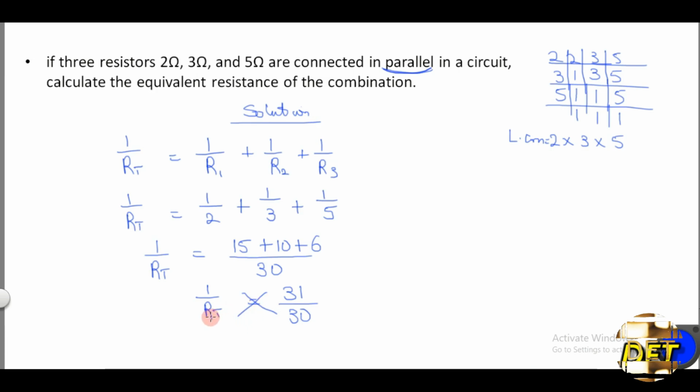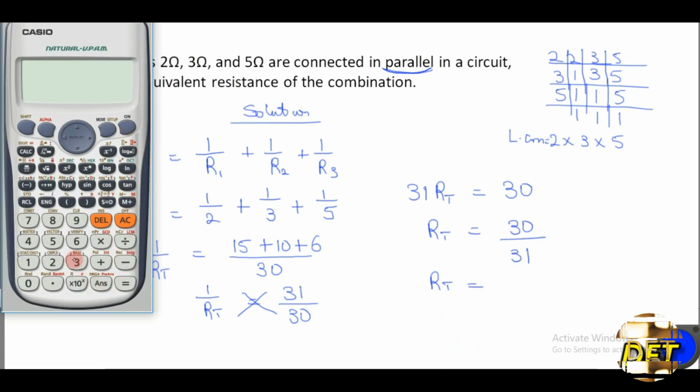So when I cross multiply, RT times 31 will give me 31 RT is equal to 1 times 30 will give me what? 30, right? So my RT will be equal to 30 divided by what? 31. So RT will be equal to 30 divided by 31.